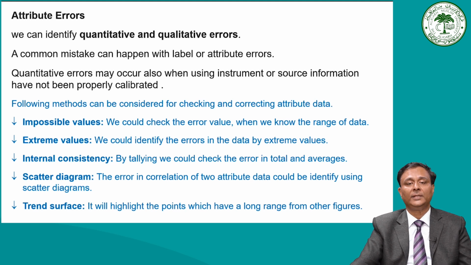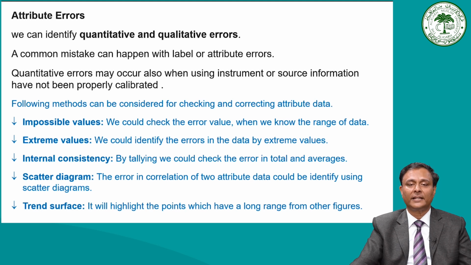These errors can be quantitative as well as qualitative, with improper labeling. For instance, an agricultural land may be incorrectly marked as forest area. So this is one attributional error where we are labeling it wrongly.